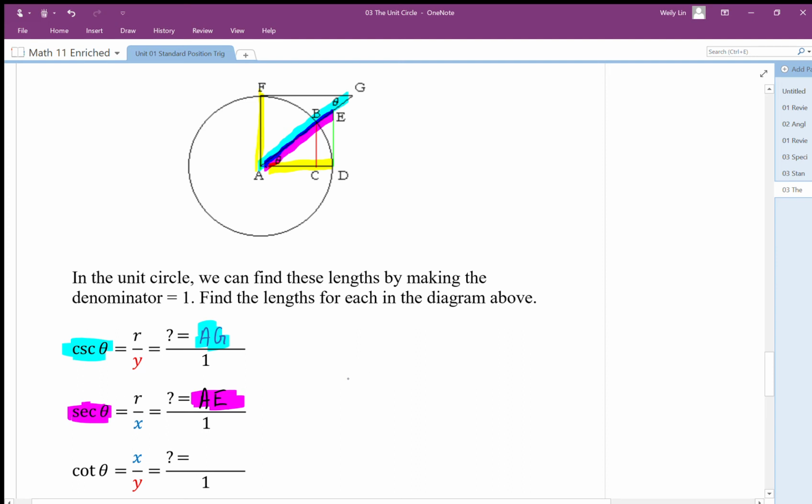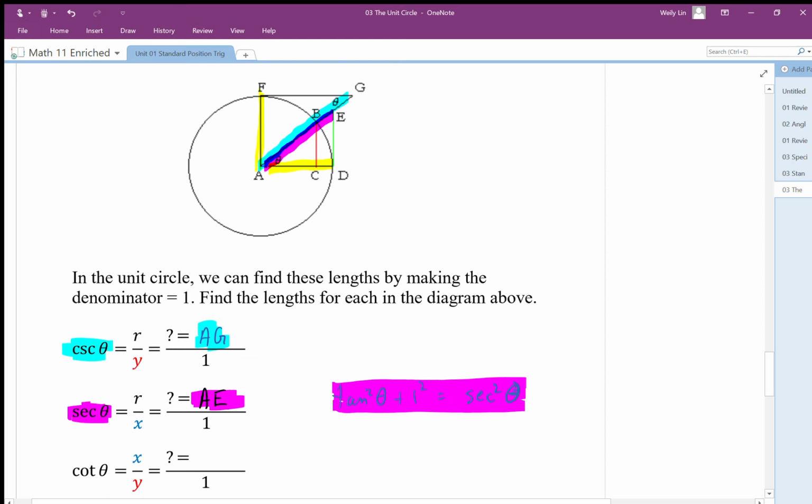So I end up with this relationship: tan squared plus 1 squared equals the hypotenuse, which is secant squared. This is what we call a Pythagorean relationship, and this identity shows up because we can define that diagonal line as the secant line.